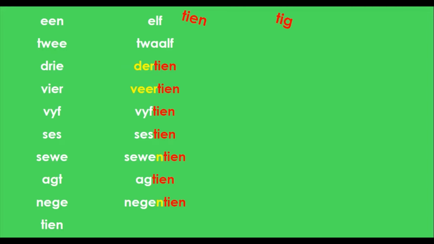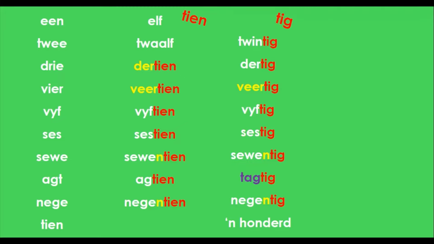Okay, after that, we get to the tigs, like the 20, 30, 40. So 2, 12 is 20, 3, and then 13 and 30. These two are easy because they are the same, but remember 3, 13, 30. The same with 4. 4, 14, 40.